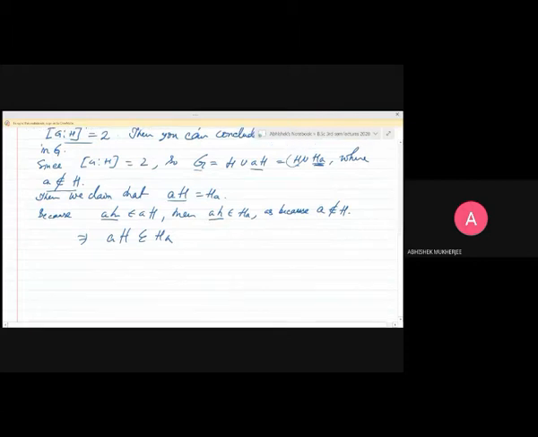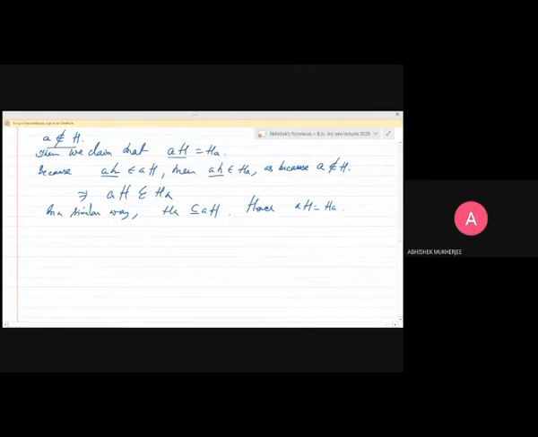And in a similar way, Ha must be a subset of aH. So hence, combining these two, you will have aH equal to Ha. So this proves that H must be normal, because every left coset is a right coset and conversely, right?